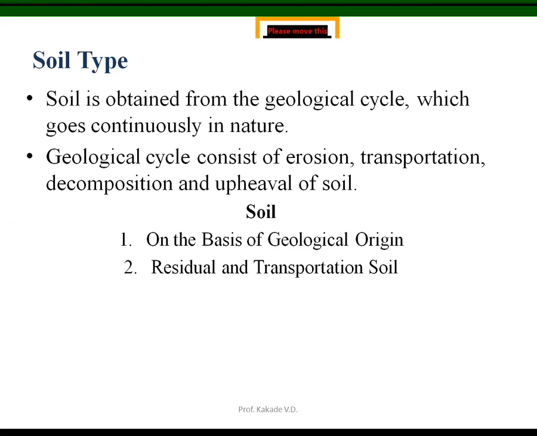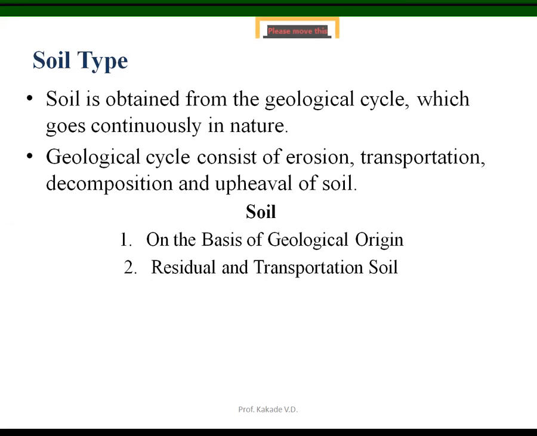Soil is made from rock or minerals. This is the first concept you must understand: soil is a component made up from the geological cycle. Just as the water cycle or hydrological cycle exists, the geological cycle is also present.